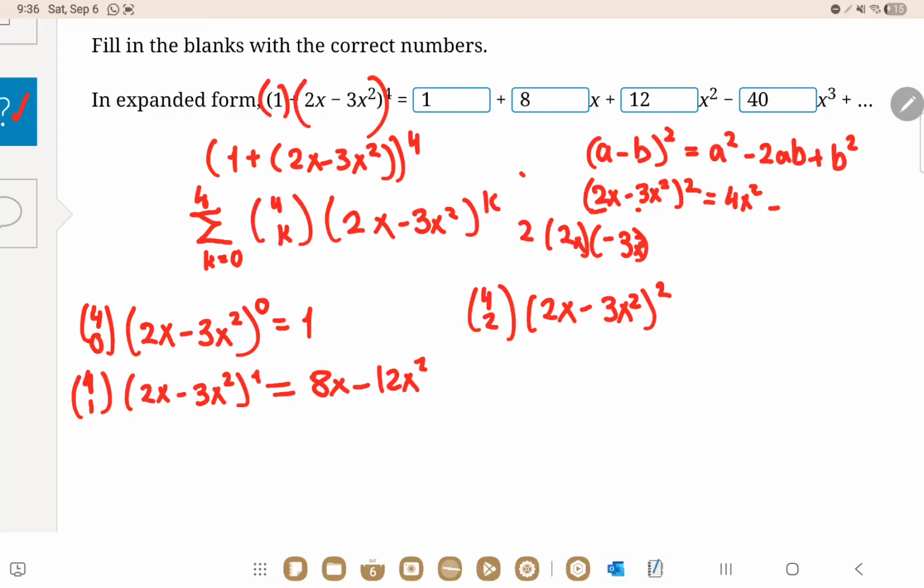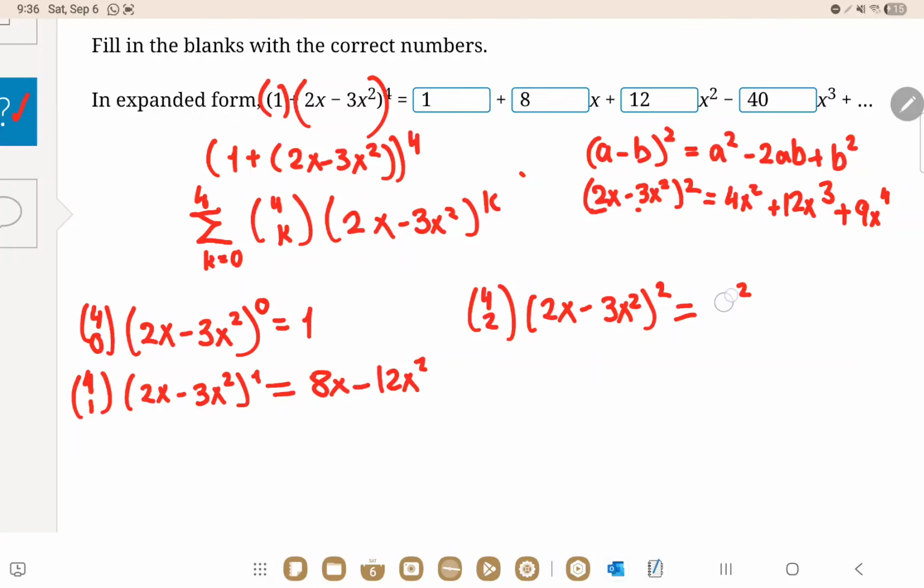So it's 2 times negative 3 would be 4 and 12. So minus 12x cubed. But here we already have a minus, so it's plus 12x cubed. And plus b squared would be just plus 9x to the power of 4, because something squared is just 3 times 3, so 9. So now we know that this is equal to 4x squared.